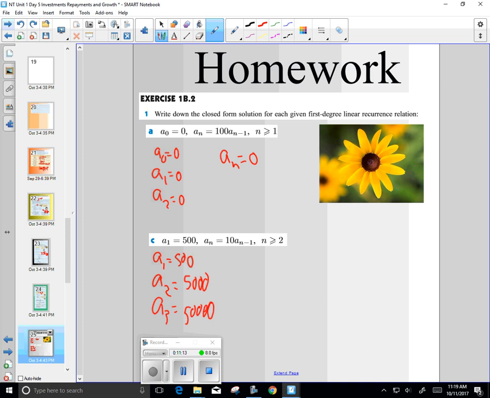Okay, and so this is just going to be 5 times 10 to the 2, 5 times 10 to the 3, 5 times 10 to the 4. So A of n will be 5 times 10 to the what? n plus 1. And is that closed? Did you see any previous terms in there? Or next terms? No. So now it's closed, degree 0.